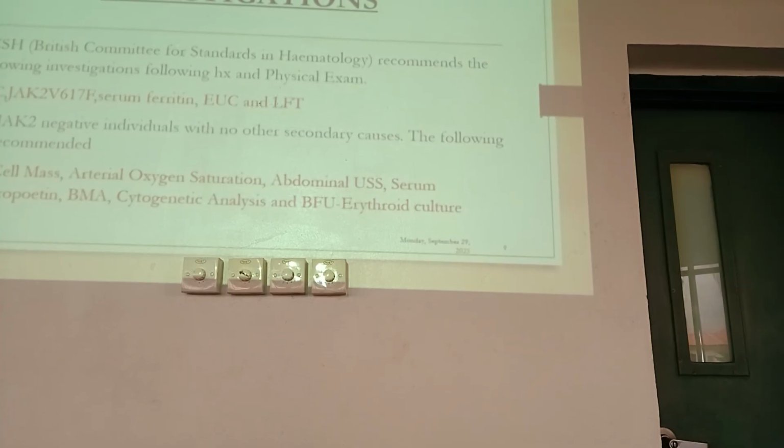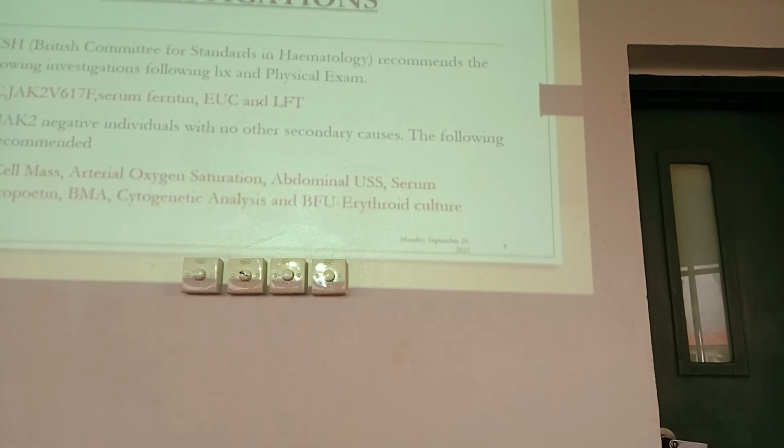The polycythemia vera study group was used in the past because there was no JAK2 then. So they based it on red cell mass, and there are major and minor criteria. The major criteria are about 4, and the minor criteria about 4.